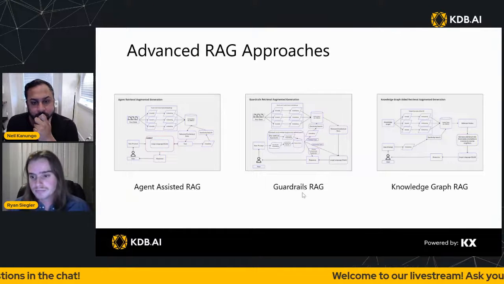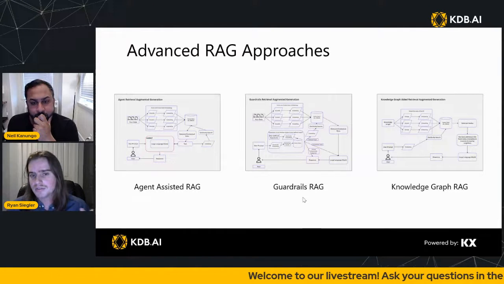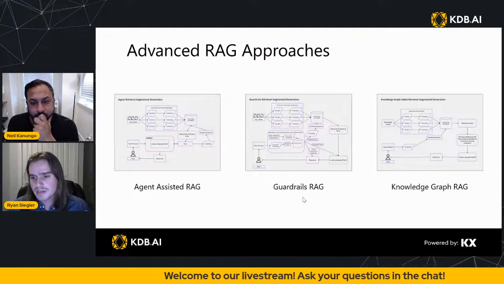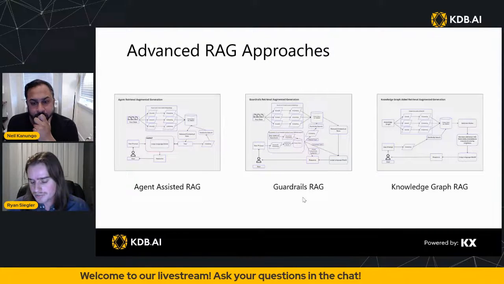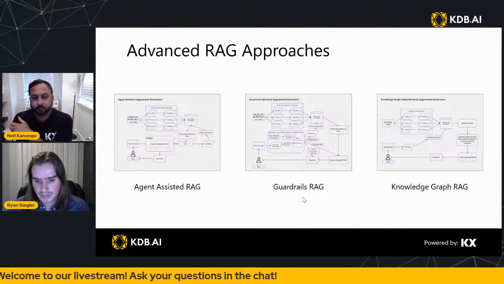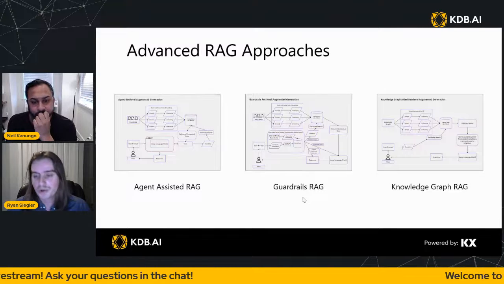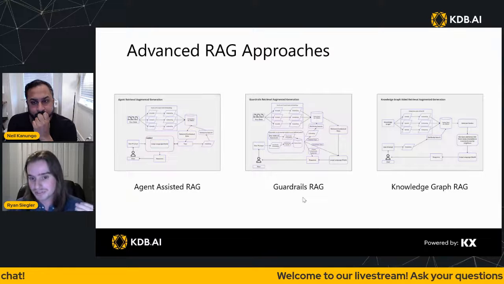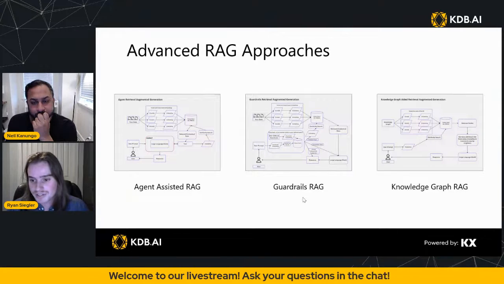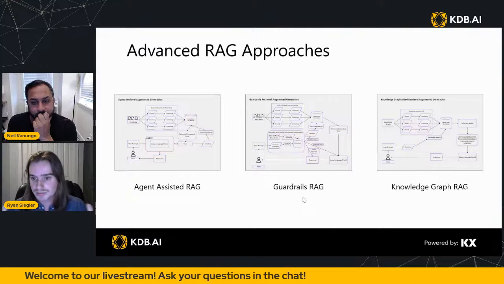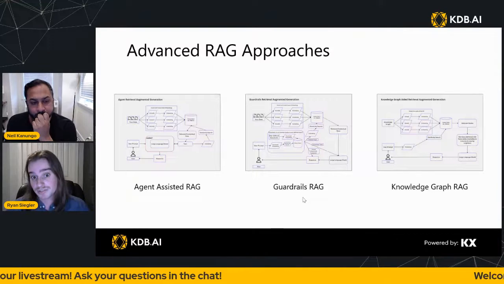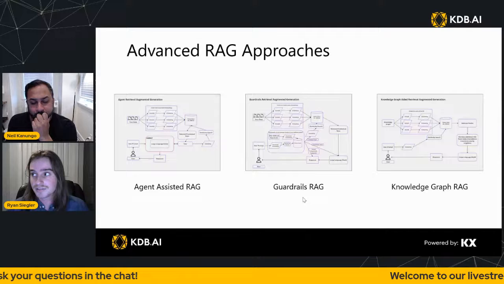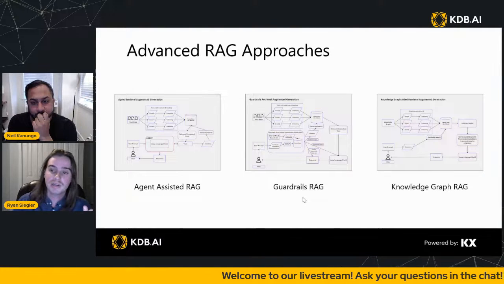And then another final method is using knowledge graphs. Knowledge graphs are a growing in popularity type of database that, instead of representing data in columns and rows, represents it as nodes and edges. So it's a graph, and it's really good at representing data that's highly dependent on relationships.